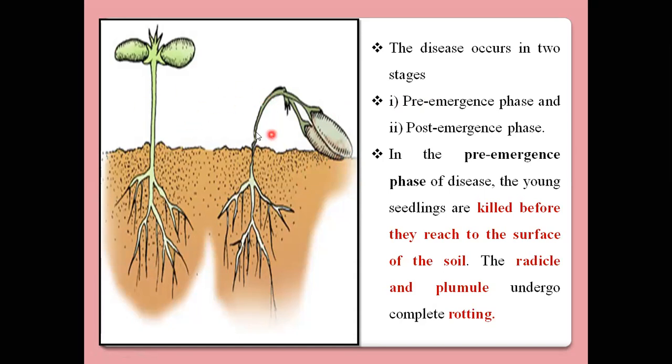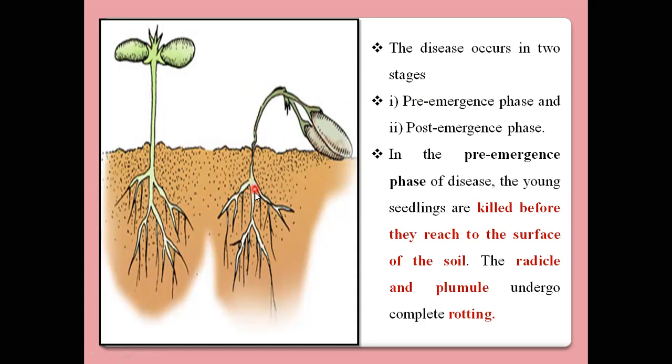So see these diagrams. This is the healthy plant and this is the infected plant. The spores attach to the germinating seeds as well as the germinating seedlings.